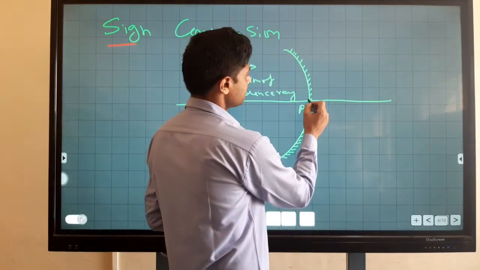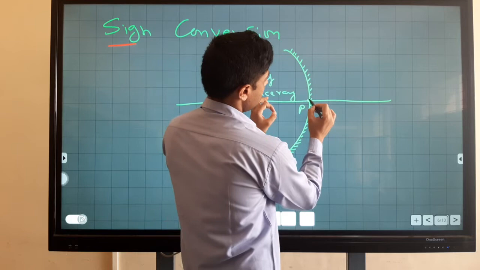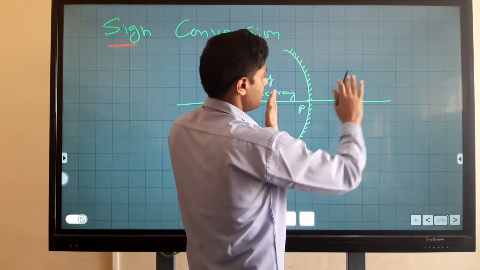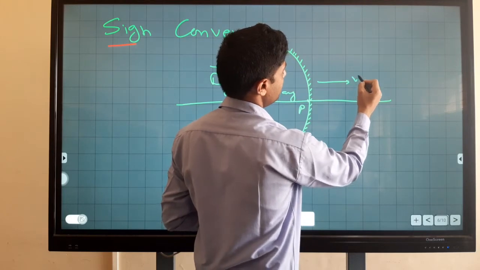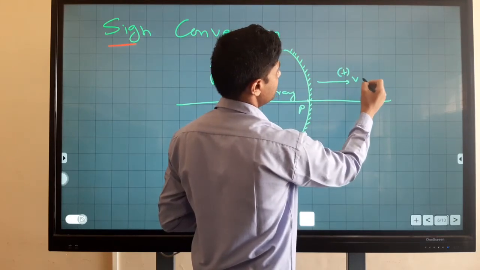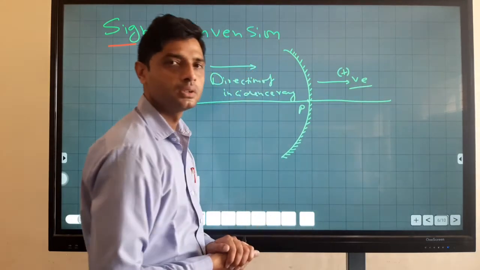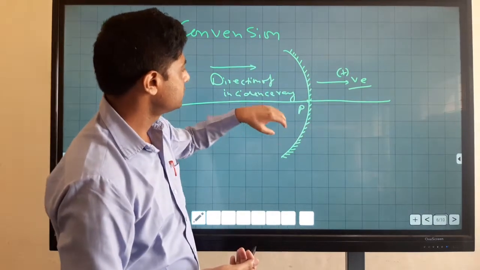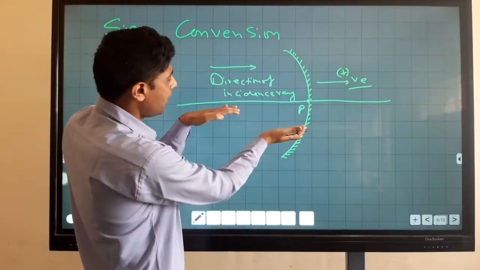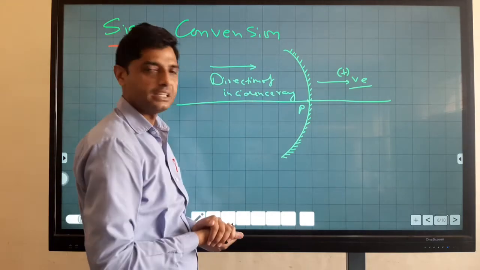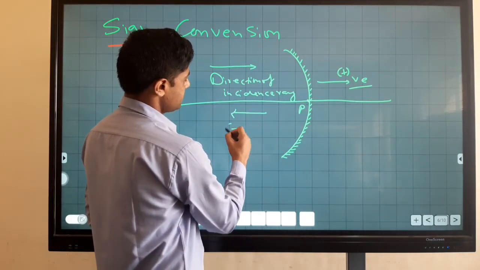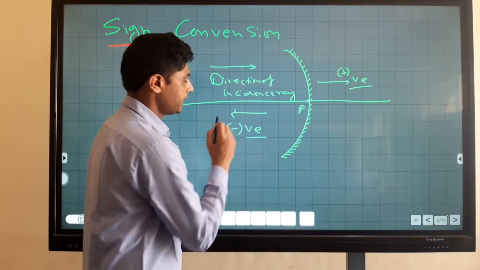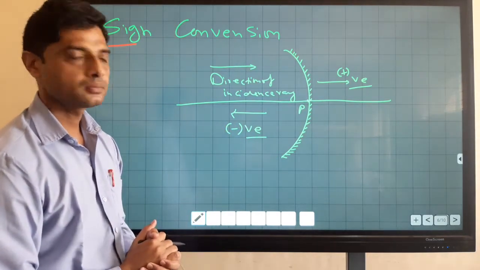It means the direction from left to right is always positive, and a distance measured in the opposite direction of the incident ray is always negative.